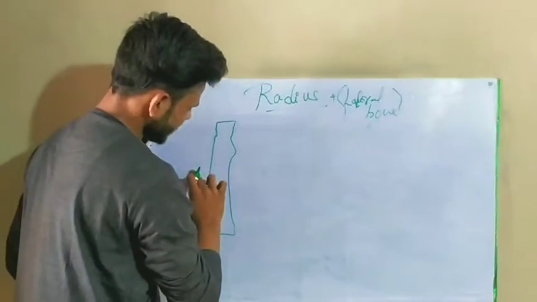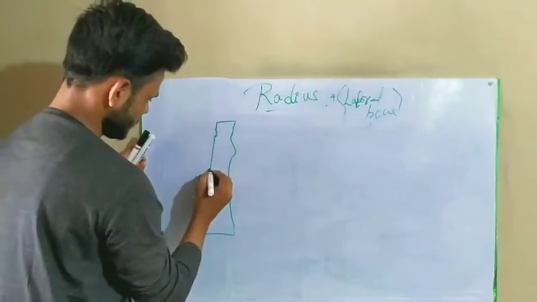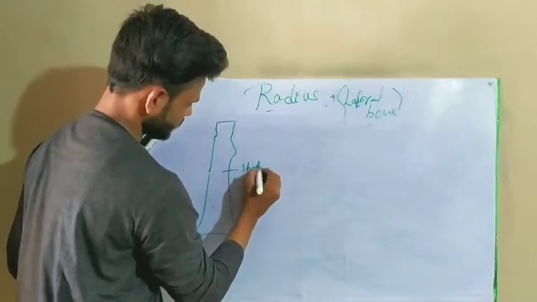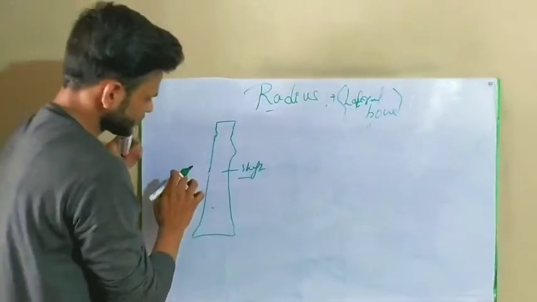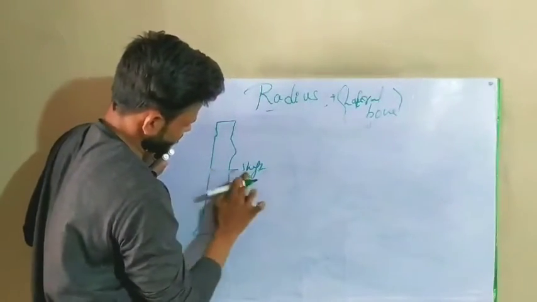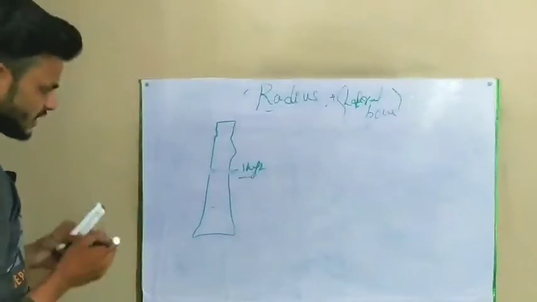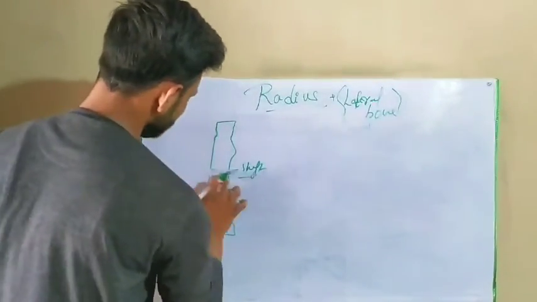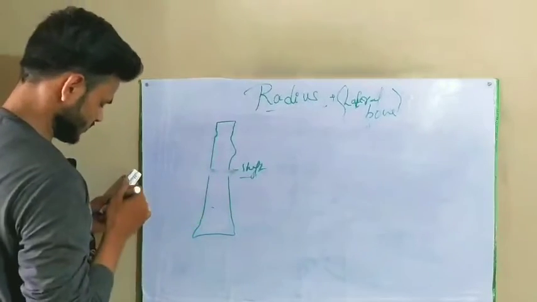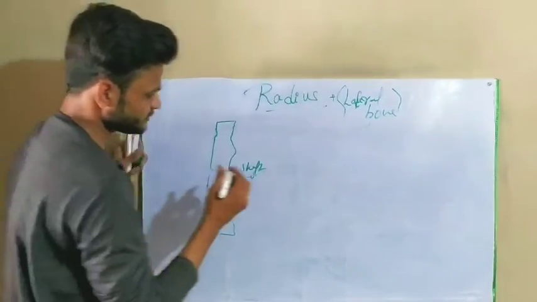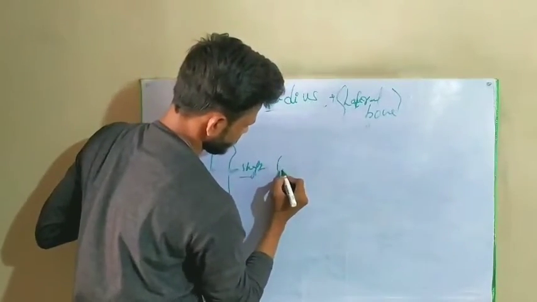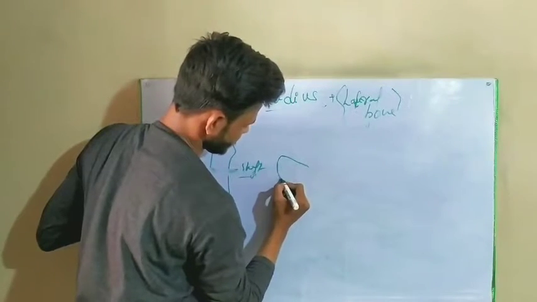This is the shaft of the radius. If we cut a transverse section at the level of the shaft, then we will find this type of structure.